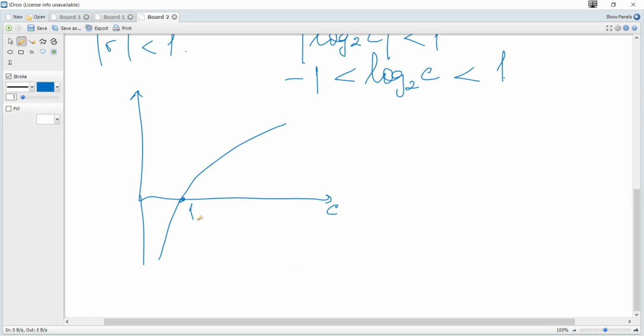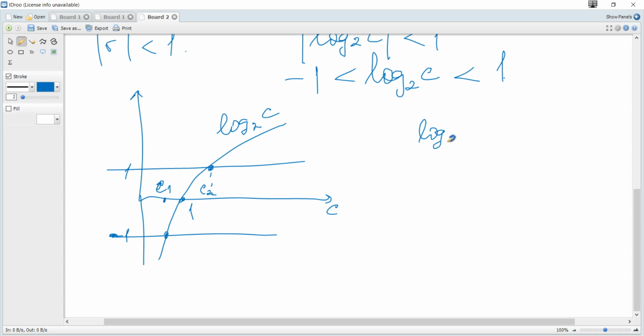It passes through the point (1, 0), and we need the values of log to the base 2 of C to be between -1 and 1, and you can see that C goes from this point C1 to this point C2.